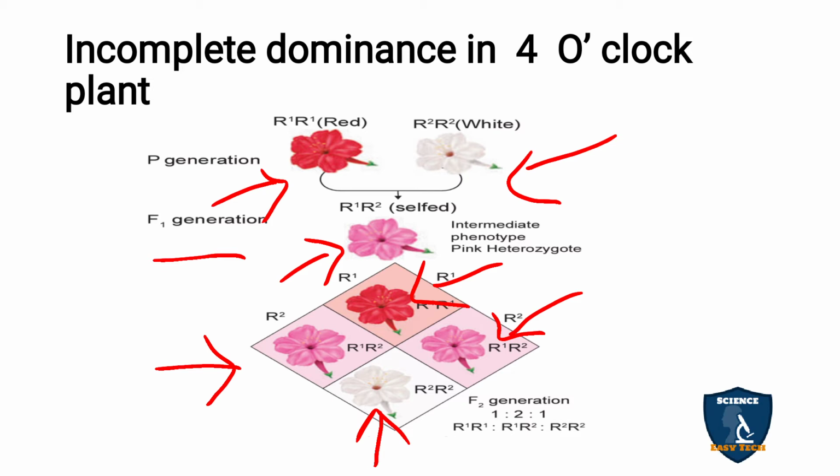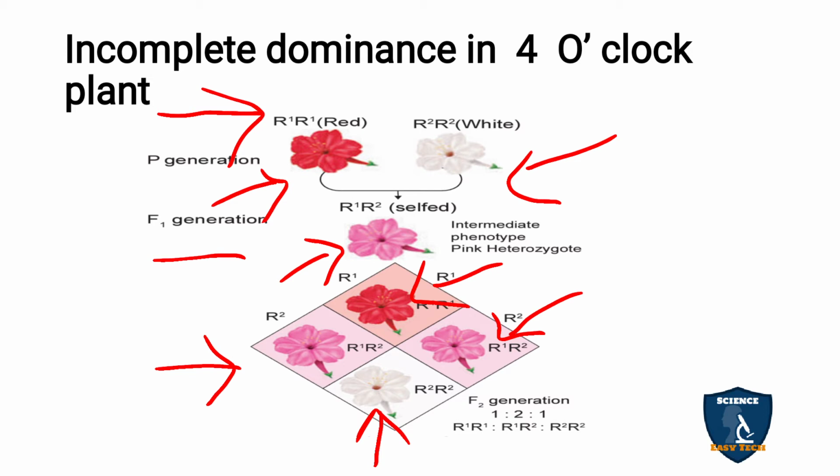How does this take place? Why are these genes incompletely dominant? For a particular gene, two copies of the allele are there, that is R1R1, and the particular character has to be expressed.